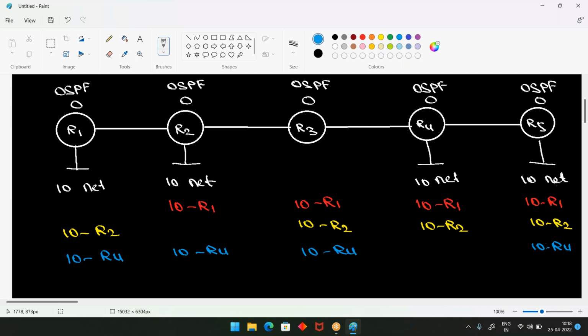What about R5? R5 will also share its own networks too, 10 from the R5 router to each of the others.